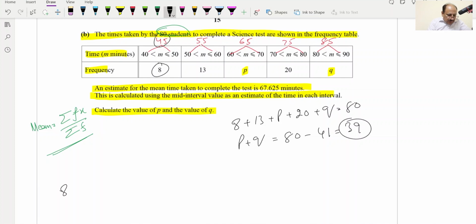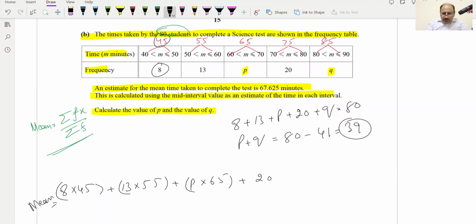So we'll write here 8 multiplied by 45, and this will be the mean value, plus next is 13 multiplied by 55, plus the next value is P multiplied by 65, plus 20 multiplied by 75, plus the last value will be 85 multiplied by Q, or Q multiplied by 85.